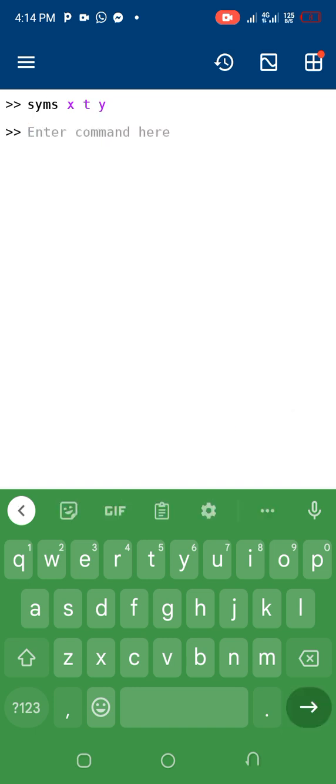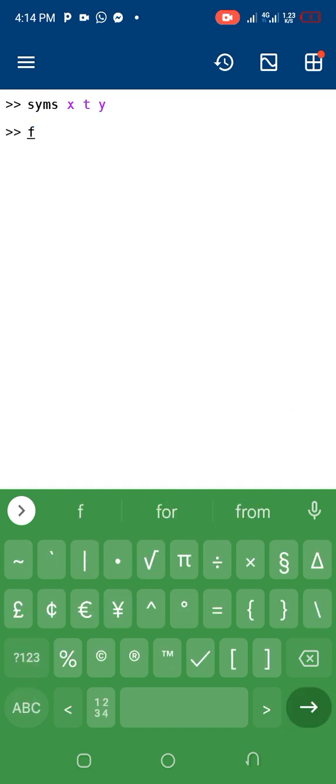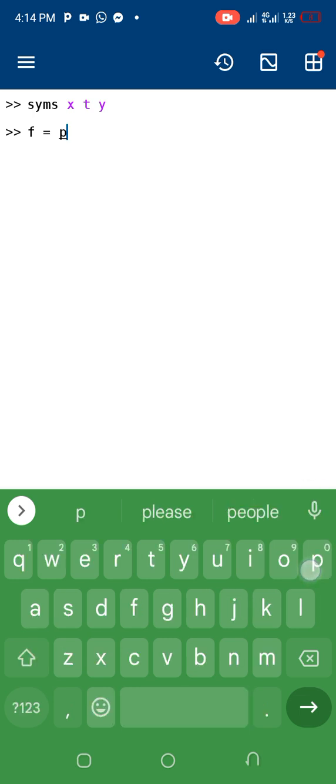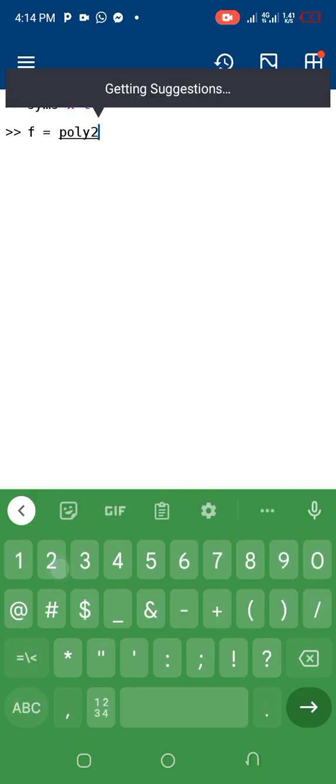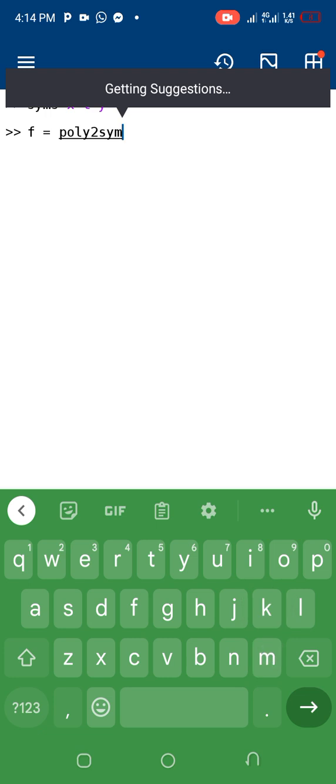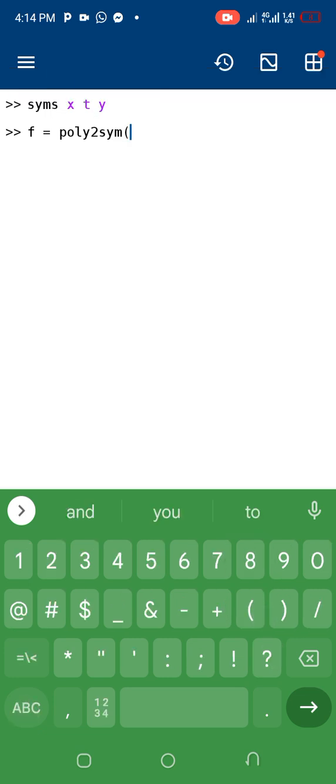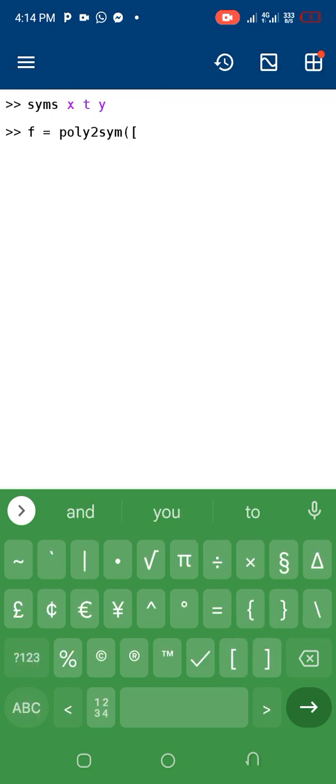So we say f is equal to poly2sym, that is a function that is going to help us to create a polynomial of any degree. So now we are going to give it the vector of the coefficients of the polynomial.